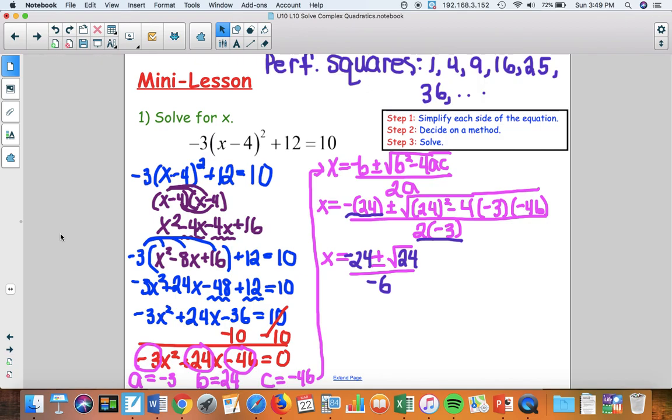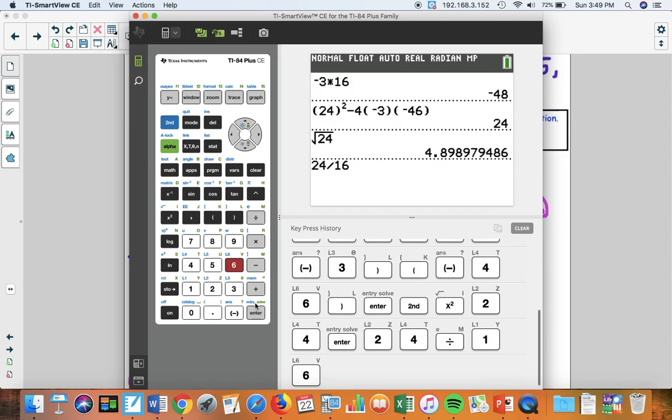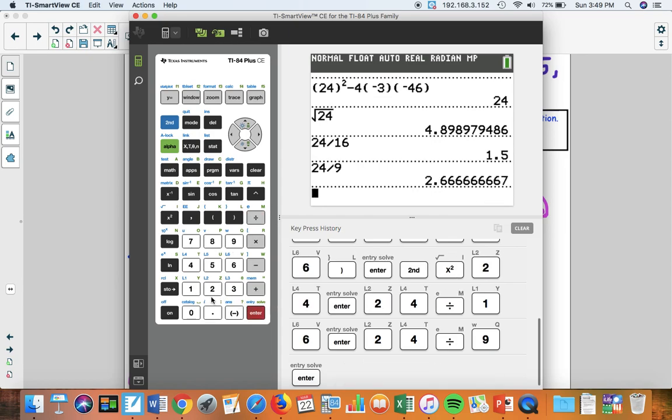I'm not going to list them all. But let's try to simplify radical 24 using a perfect square. So let's do 24 divided by 16 to start. Does not divide evenly. Let's do 24 divided by 9. Doesn't divide evenly.